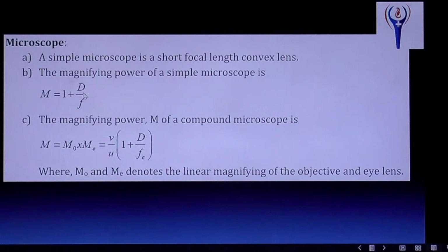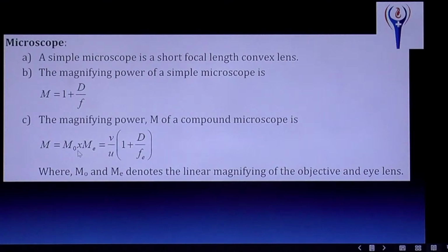Then the magnifying power M of a compound microscope is M equal to MO into ME. MO is the magnifying power of the objective, and ME is the magnifying power of the eyepiece, equal to V by U into 1 plus D by FE. A compound microscope contains two lenses.